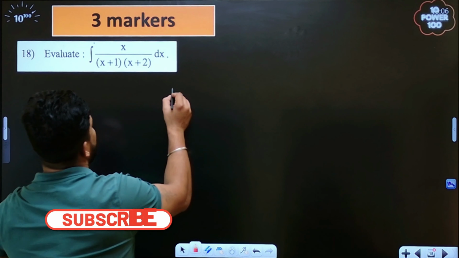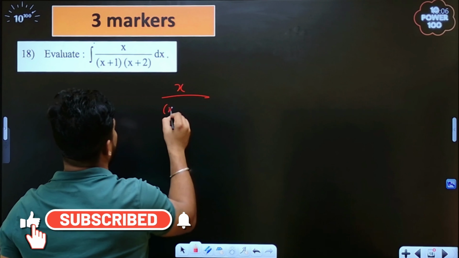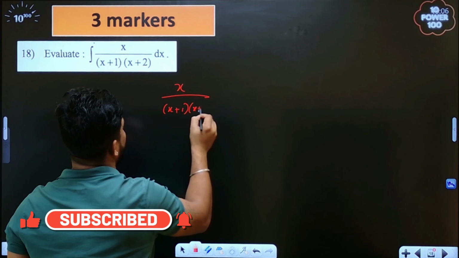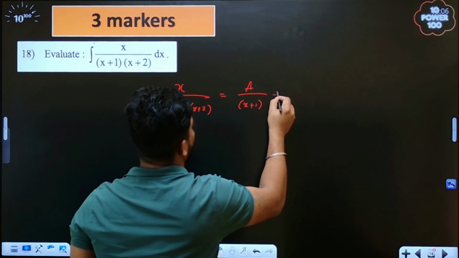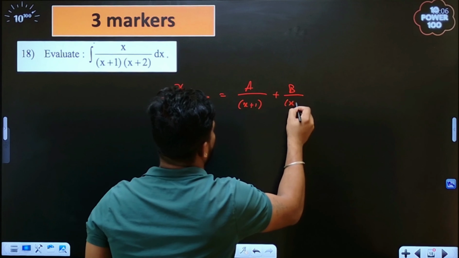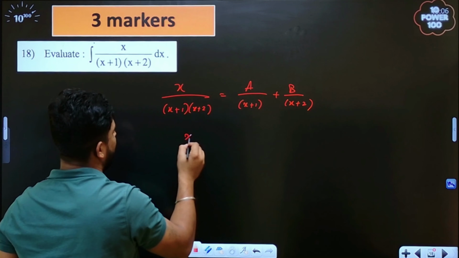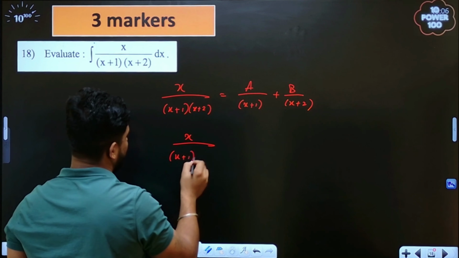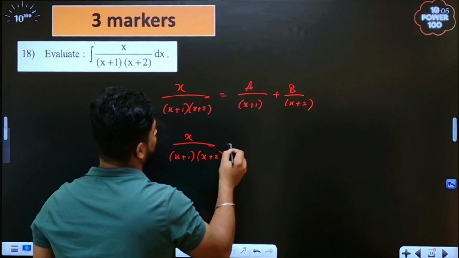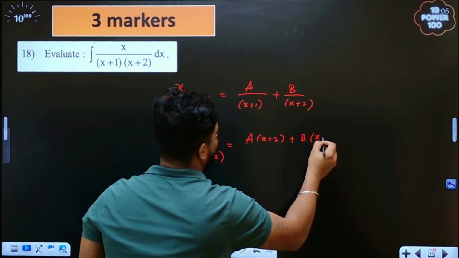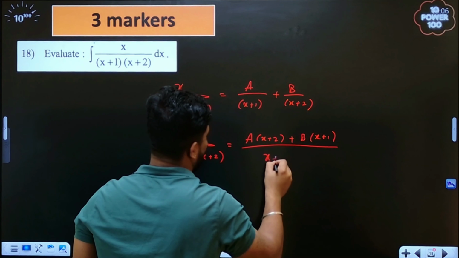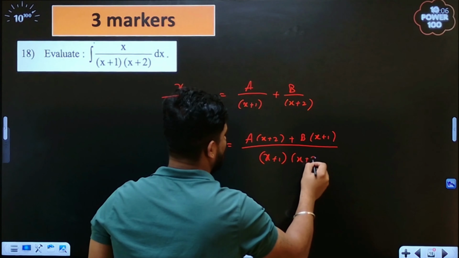Okay, so next, partial fractions: x divided by x plus 1 into x plus 2. Let's do the basics of this. So this becomes a divided by x plus 1 plus b divided by x plus 2. Now if you take the LCM, you get x divided by x plus 1, x plus 2 is equal to a of x plus 2 plus b of x plus 1, whole divided by x plus 1 into x plus 2.